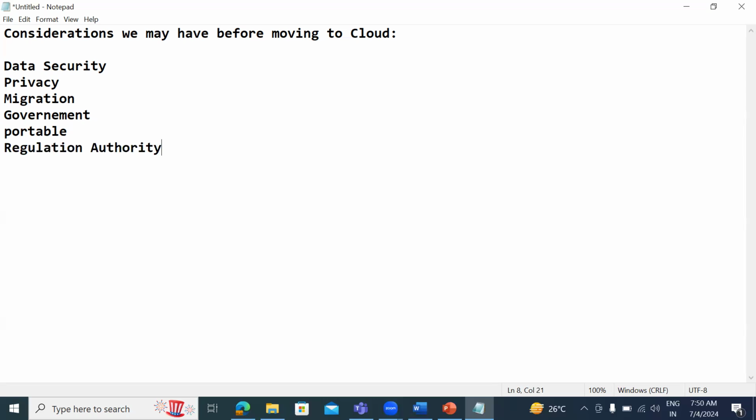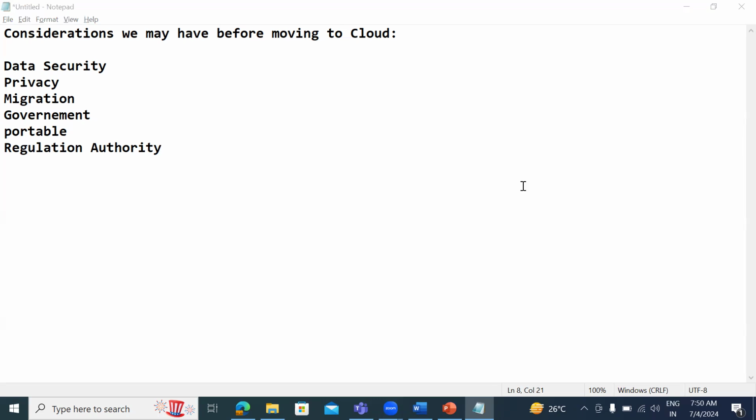So in the same way, even in the cloud, it is better to have a regulation authority in the countries. If any issues come, or if they increase the prices, or if they blackmail and don't give us our data, it is better to have one regulation authority. Okay, so whether these kinds of laws are there in our country or not, these are the things we need to take care of before moving to cloud.